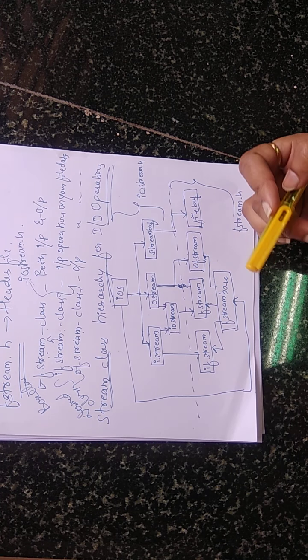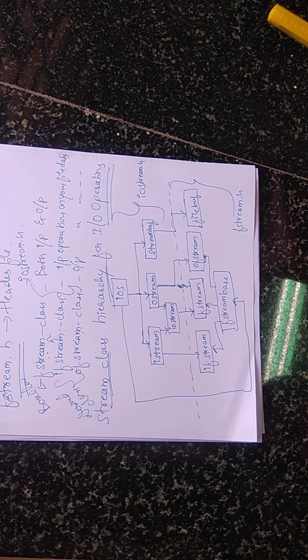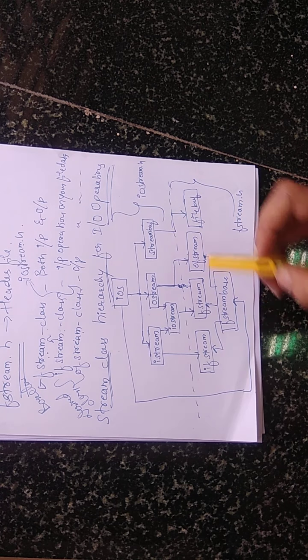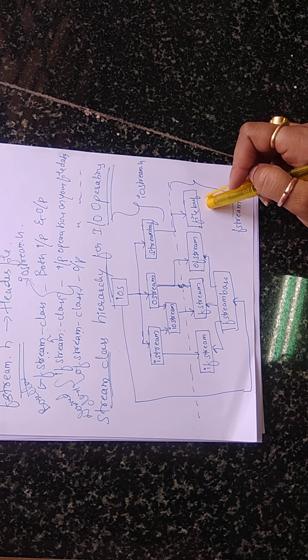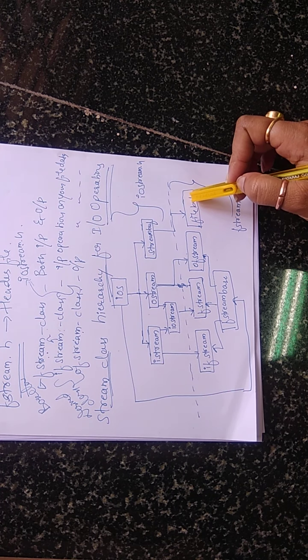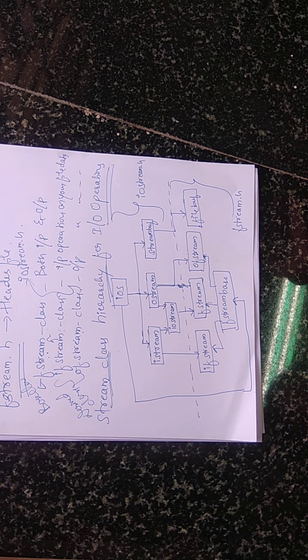Whenever you want to move the data, that time we use this stream buffer. Okay. So what do you mean by your stream buffer, and what do you mean by your file buffer? Stream buffer is nothing but the data relating to your streams, and file buffer is nothing but the data or the storage relating to your files.